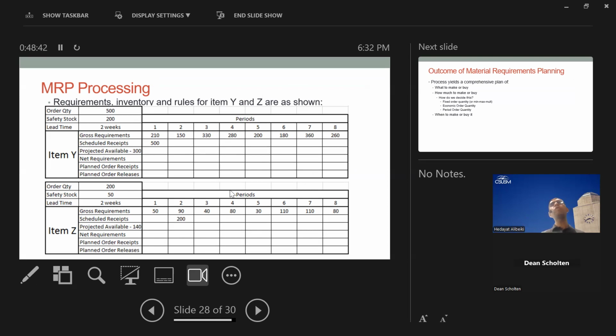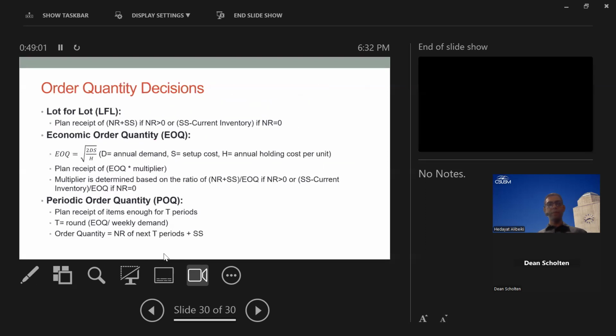But one thing that is going to be new for Carlos and Dean is this book that I'm going to show you in a few minutes. We talked about these three methods: EOQ, POQ, and lot for lot, right?